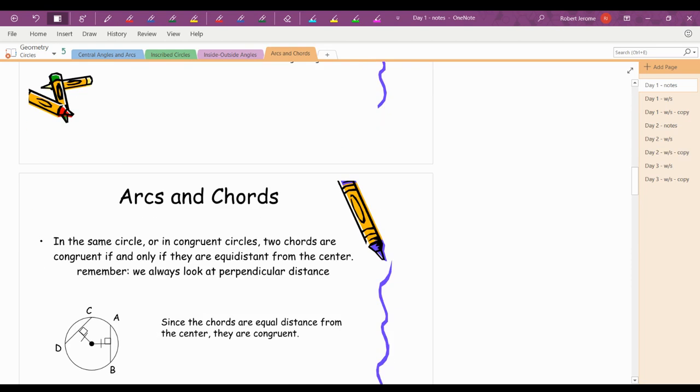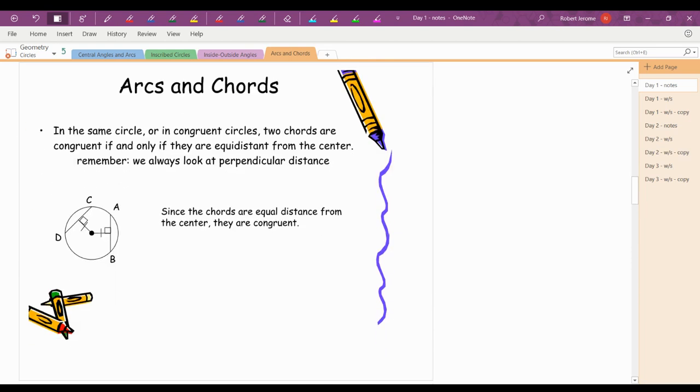Okay, so let's get into our three rules, and there's only three of them that relate angles and chords. So first we can say here that two chords are congruent if they are equal distance from the center. So two chords are congruent if they are equidistant from the center.